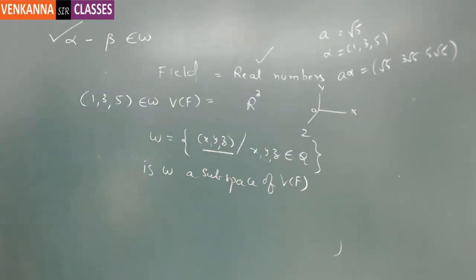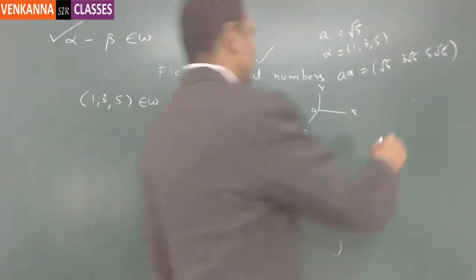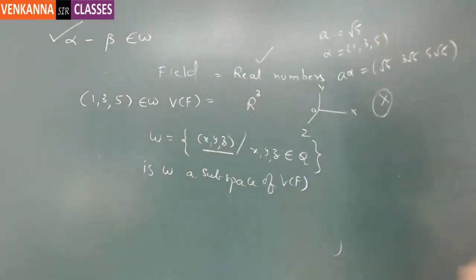So does that result belong to W? So W is not a subspace here. So among the two conditions, first condition alpha minus beta is satisfied, second condition is not at all satisfied, so W is not a subspace.